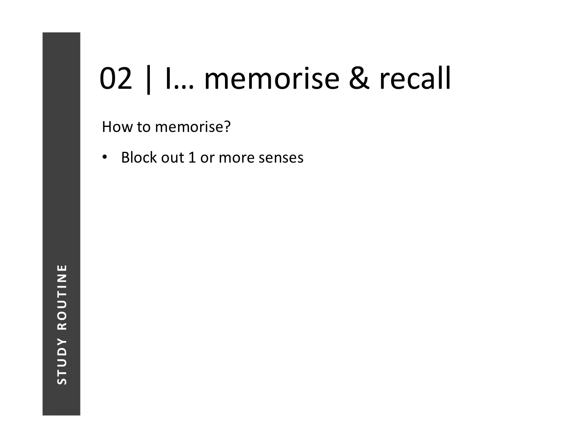Tip number 1 is that when I'm memorizing, I will block out one or more senses. For example, I may wear noise cancelling headphones or earplugs to block out my sense of hearing, and somehow that allows me to focus better and makes it easier to memorize.